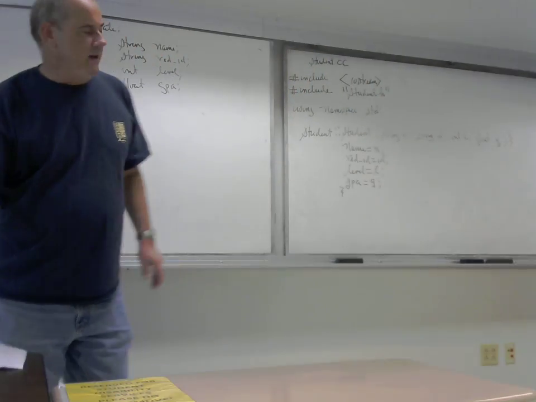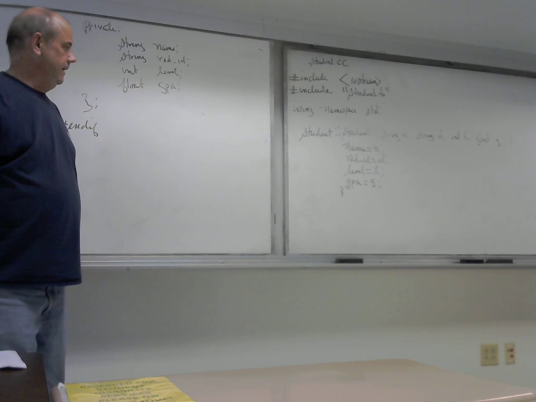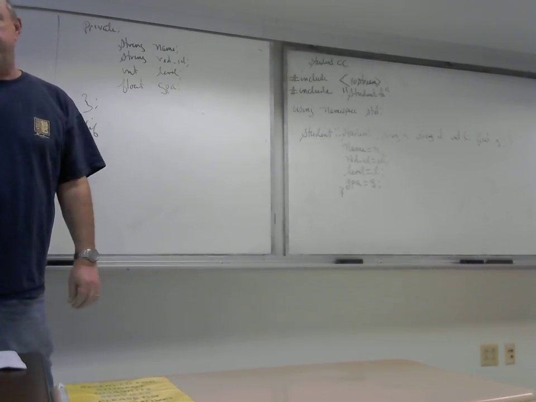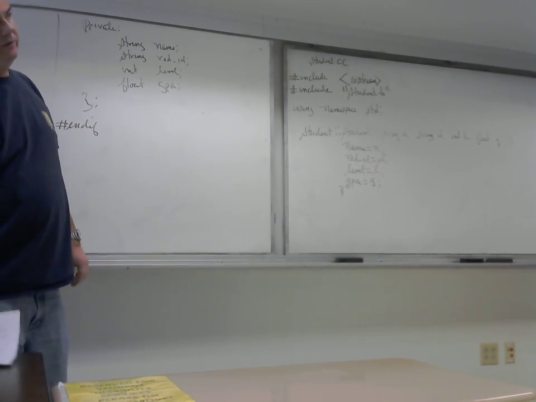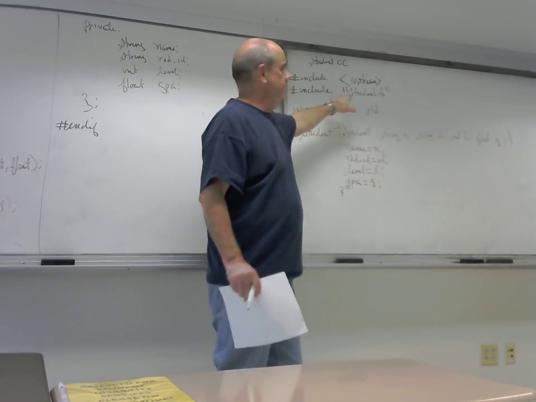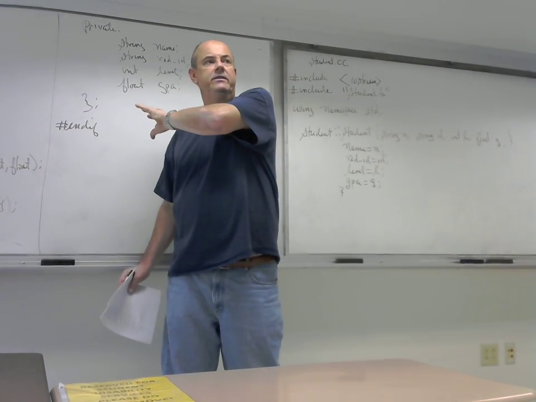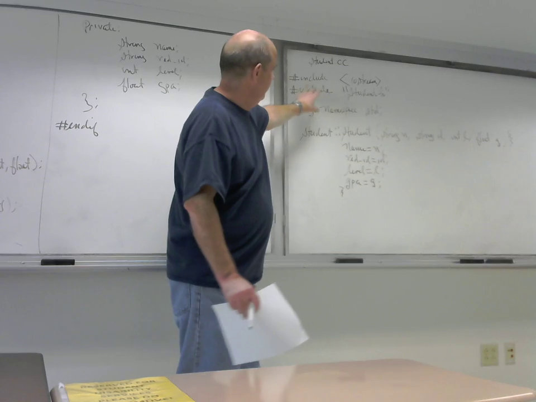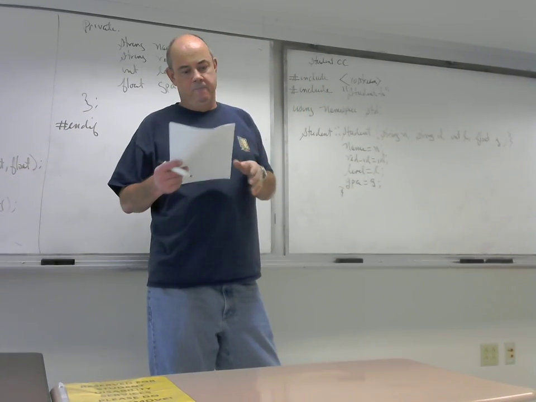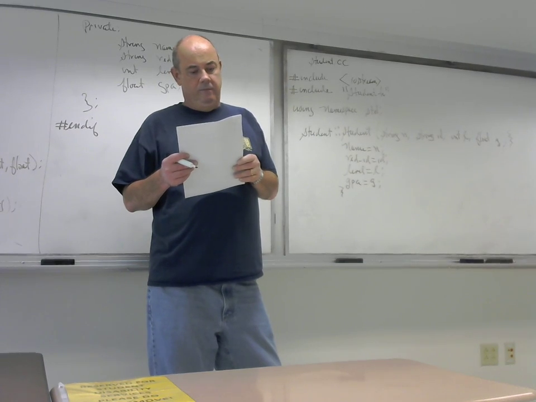Now notice that we have not declared name, red ID, level, GPA in this file at all. It's not declared there anywhere. It's in the H file. These are class level variables. When you hit this using our include student.h, the contents of this are taken in place right here. So they're all in scope and all visible.